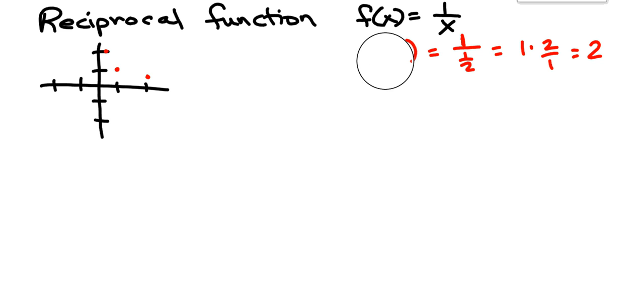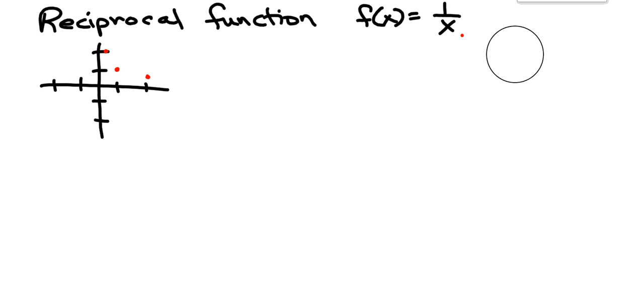Those are a little awkward to plot exactly, but the same thing happens if I put in -1, 1 over -1 is -1. If I put in -2, I get -1/2. If I put in -1/2, I get -2. And then visually, I'm a little challenged to draw that.